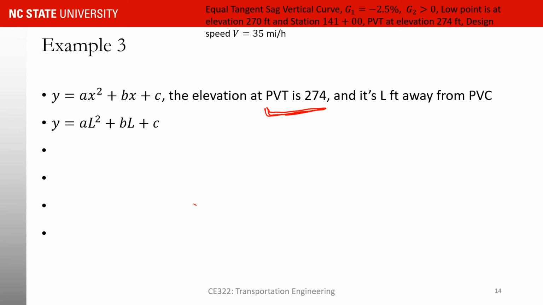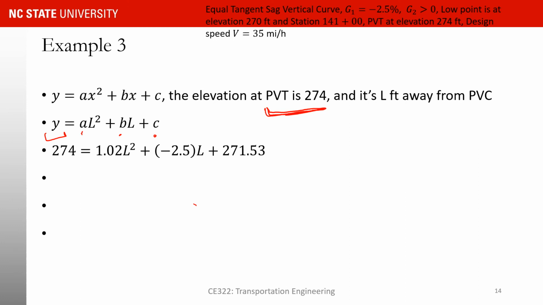So if A is known, if B is known, if C is known, and I know that the elevation at PVT is 274, if I find X, that's gonna be the length of the curve, because from the origin to PVT, X is equal to L. You move on the horizontal plane L feet or L stations, depending on how you have defined everything. So that's what I'm doing here.